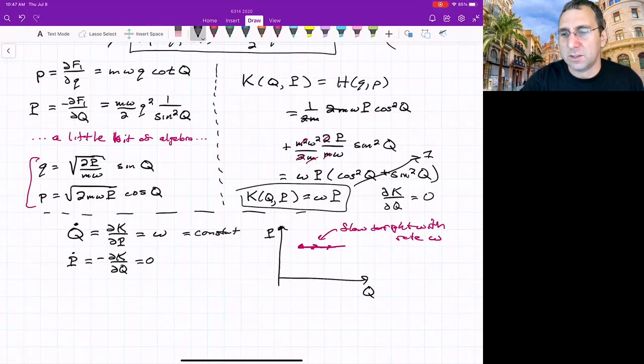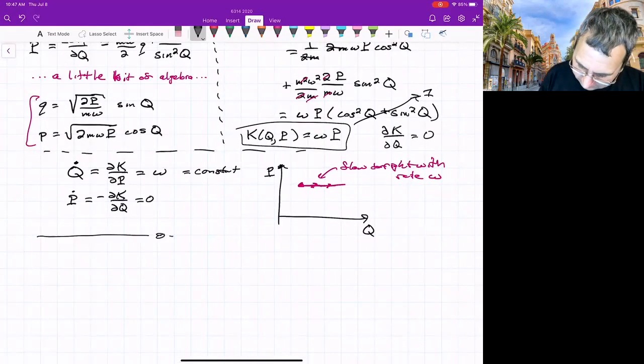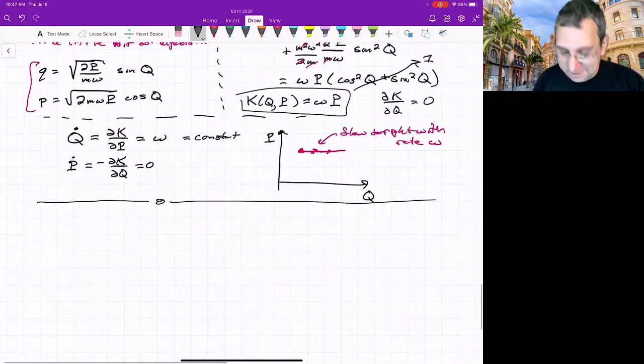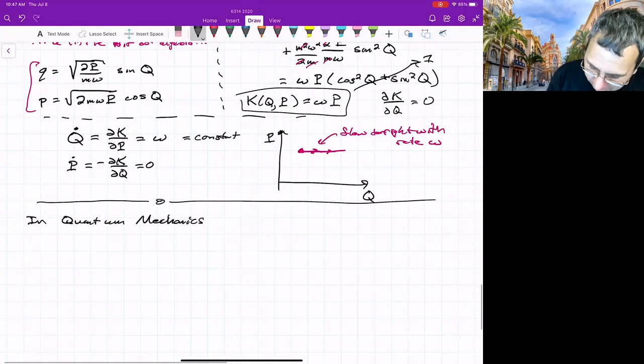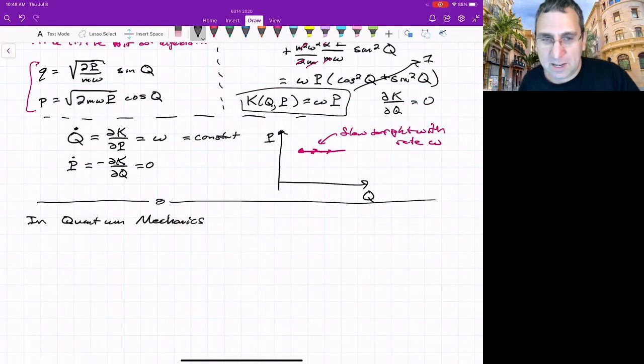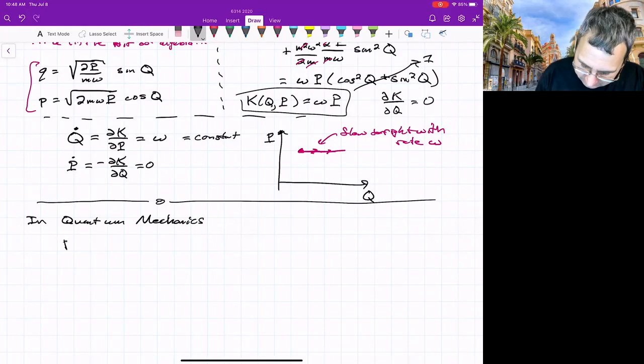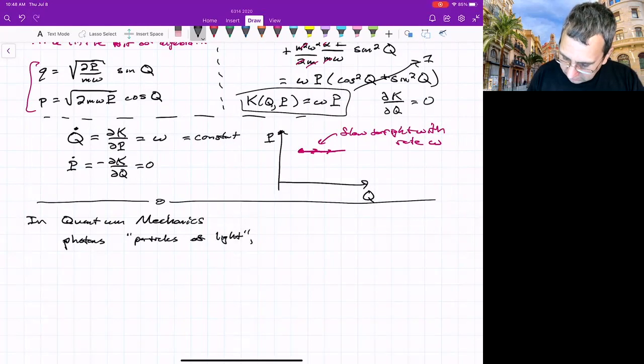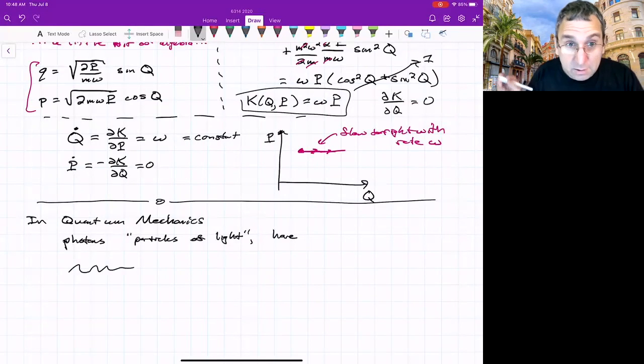This is sort of a bizarre aside, and you can do with it what you want. I don't know how many of you have studied quantum mechanics. If you've done something with quantum mechanics, maybe you've studied the energy and momentum of a photon. So photons are the particles of light. A photon has some kind of wavelength, but you could also think of it as having a frequency.